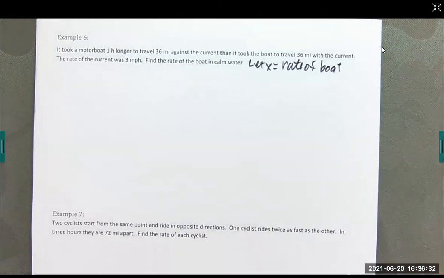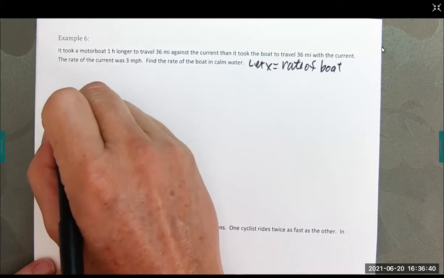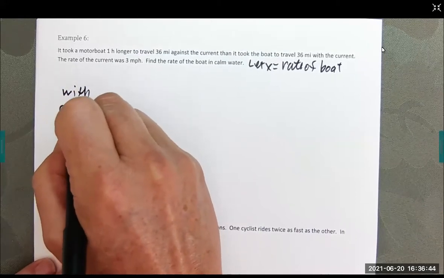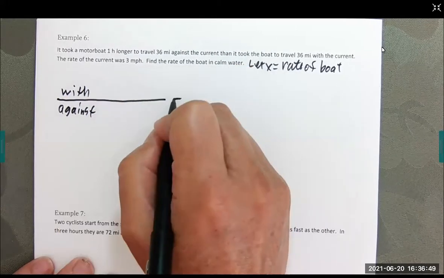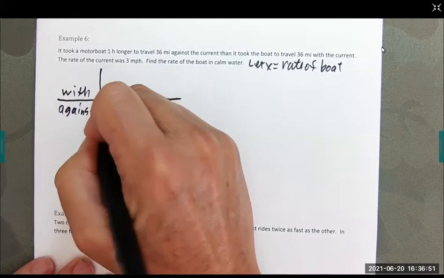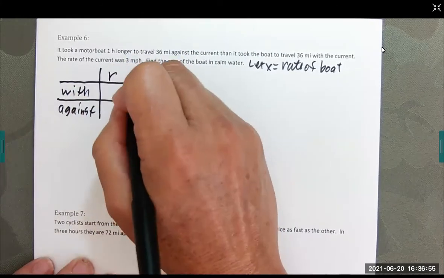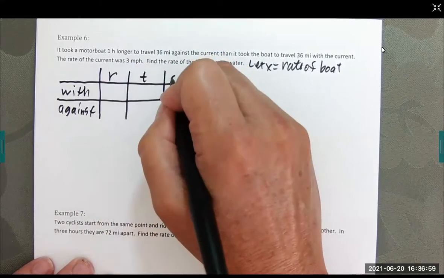I'm going to set up another table. So I'm going to say with, again, against, rate, time, distance.